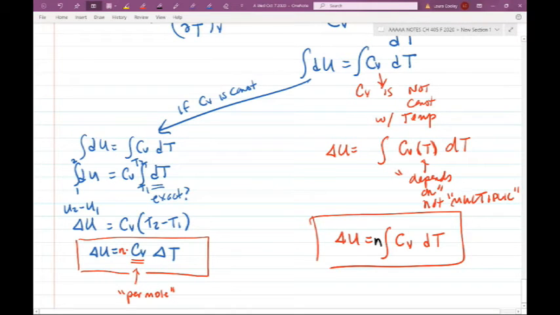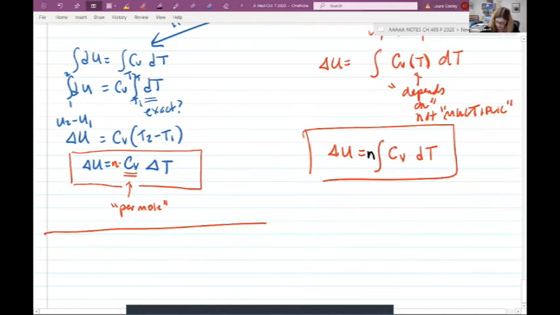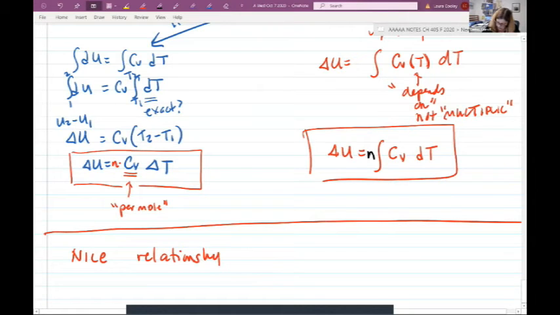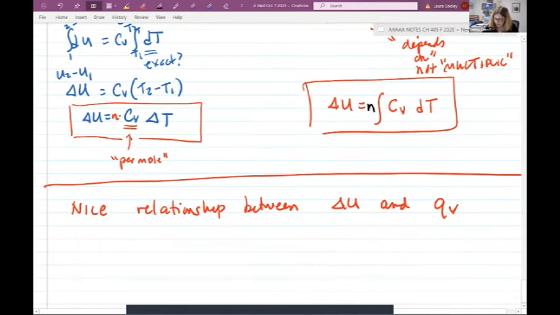Okay, so we have this really nice relation between delta U and QV, the heat that flows at constant volume. These are equal, or dU equals dQV in differential form.